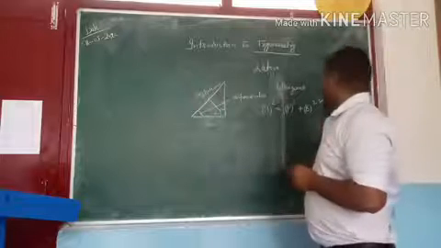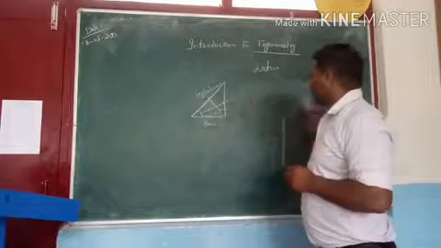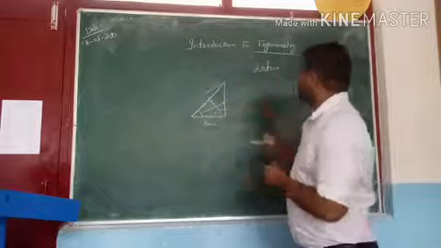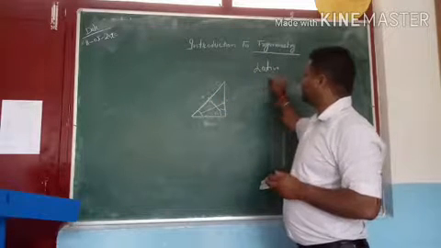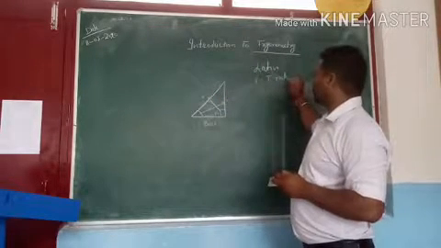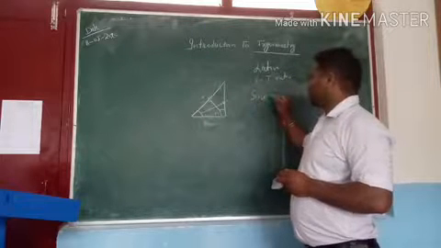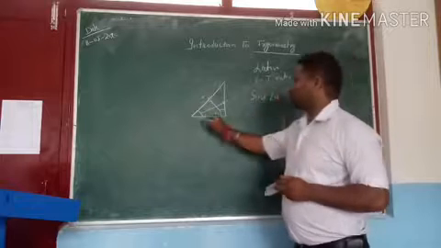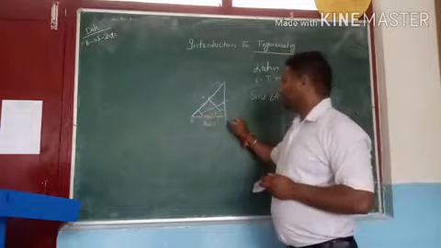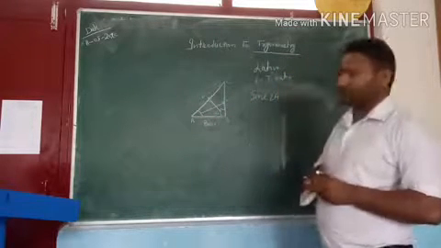So now I am coming to the trigonometric ratios. As I told you, there are six trigonometric ratios. The name of the first is sine. Suppose I am taking angle A here, in triangle ABC. Clear?